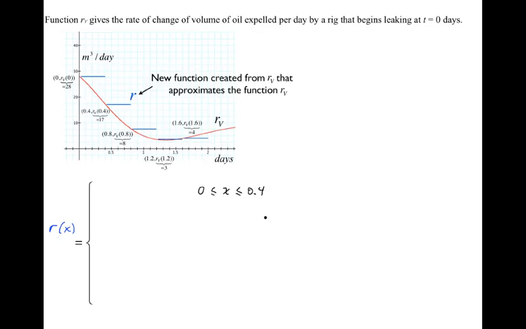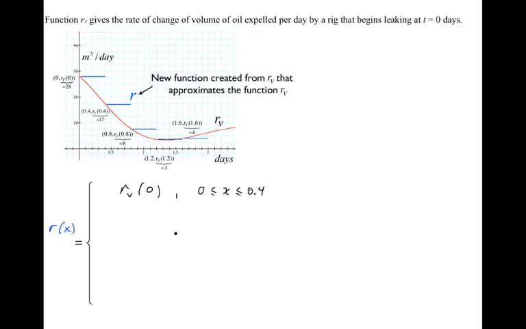Exactly. R sub v of 0, whatever that number is. So the rule is that R of x is just this constant value, R sub v of 0, whenever x is between 0 and 0.4. All right?